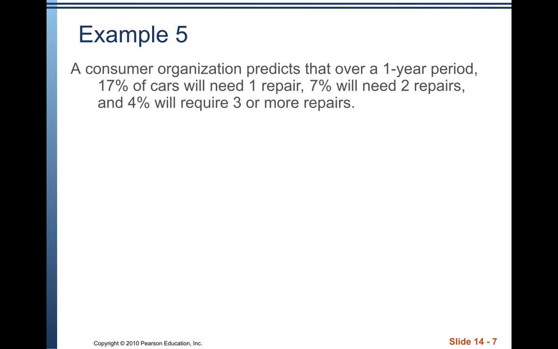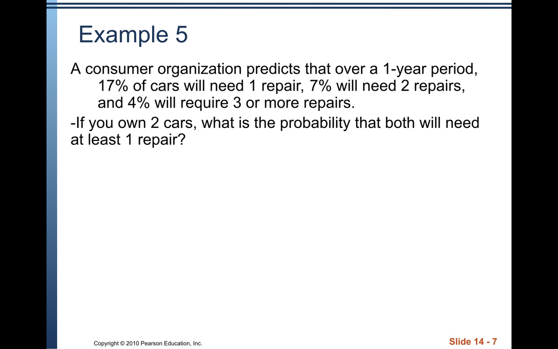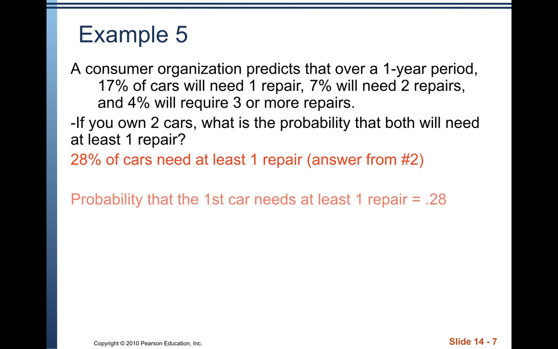Fifth example. If you own two cars, what is the probability that both will need at least one repair? Okay, so we figured out that 28% of cars need at least one repair, one or more. We figured that out in a previous question. So the probability that the first car will need at least one repair is 28%.